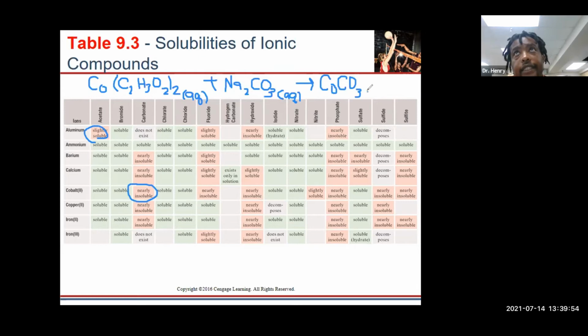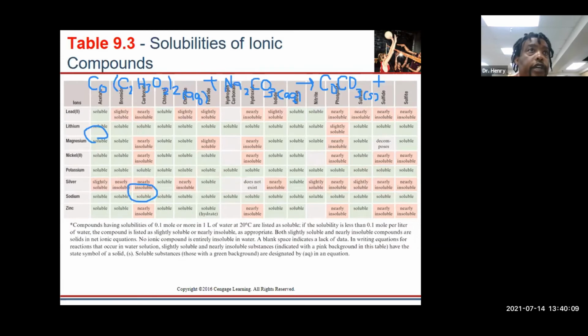So we're going to put an S there. Then sodium acetate, let's go look on the other slide. Hopefully it's there. So we have sodium acetate. It tells us that it's soluble, so that means it's going to be aqueous.